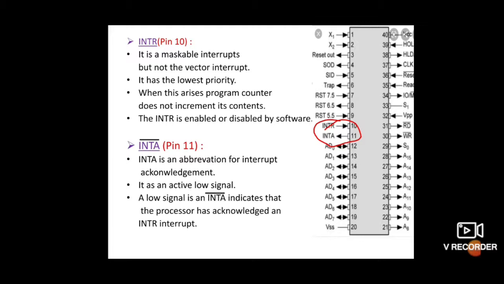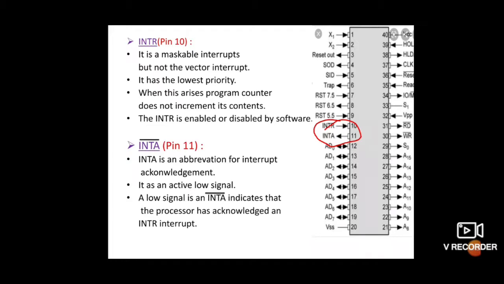INTR is also level trigger. Only when the interrupt signal is given on this line does the microprocessor execute an interrupt acknowledgement cycle to read information from the interrupting device. So it does not have a vector location.